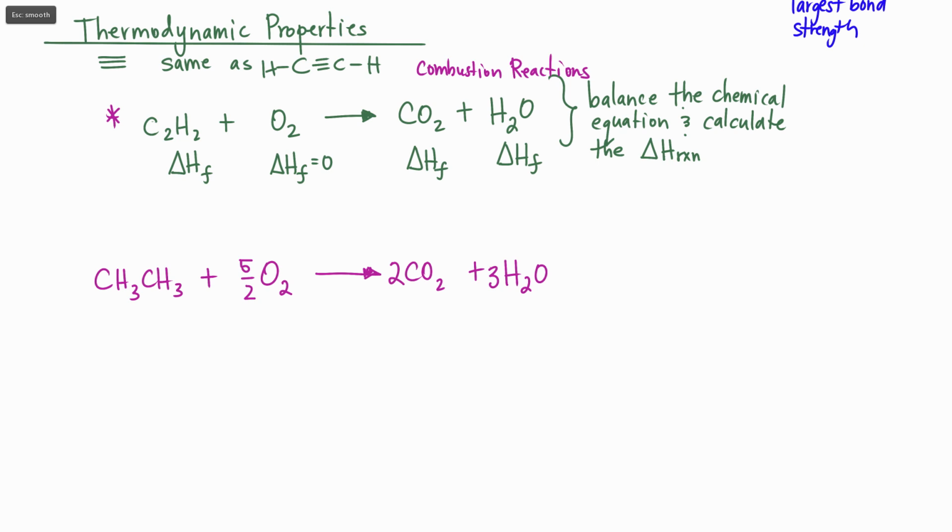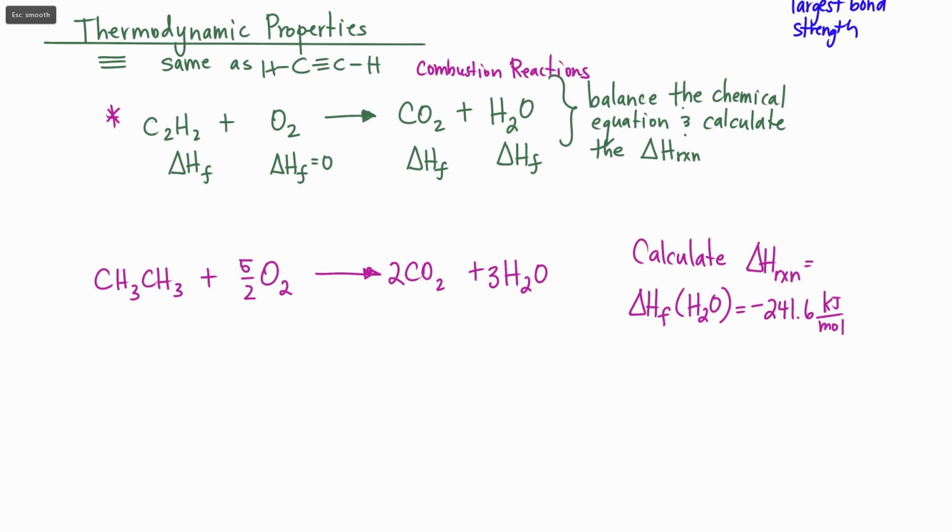Now, the information I need to calculate delta H of the reaction. I want to know how much heat this combustion reaction produces. So I need the delta HF of H2O, and that's going to be negative 241.6 kilojoules per mole.